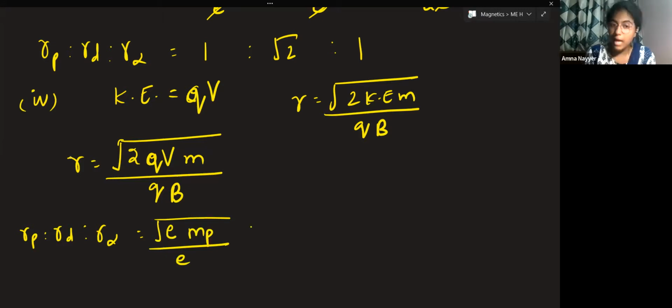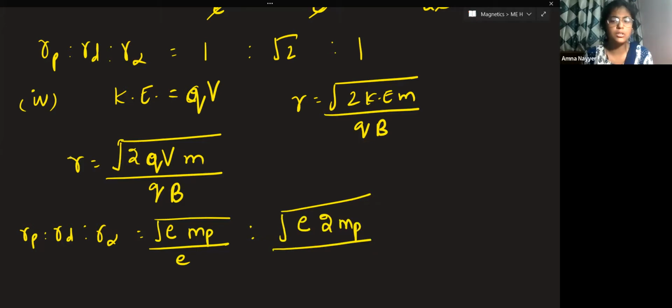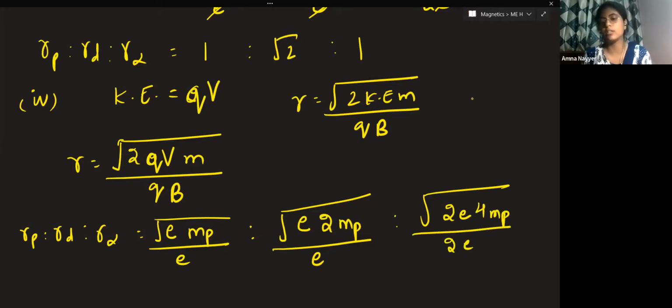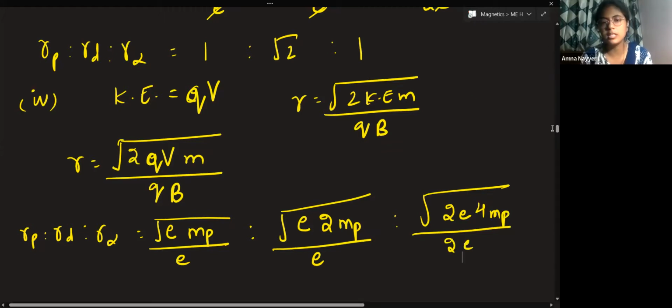Then the charge on the deuteron is the same, and the mass of the deuteron is twice the mass of the proton. The alpha particle is a helium particle basically, with 4 times the mass of proton and twice the electronic charge. So some things get cancelled over here.